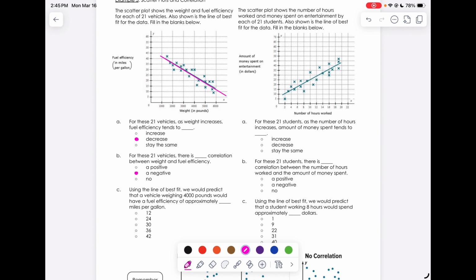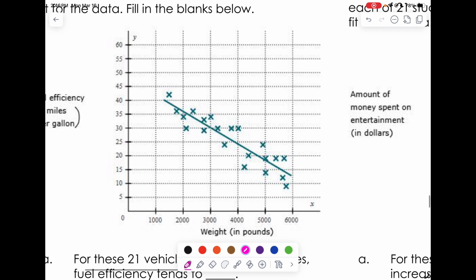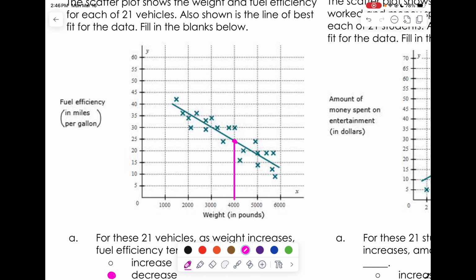And then using the line of best fit, if we were to predict that a vehicle weighing 4,000 pounds would have a fuel efficiency of approximately what? Okay, so what we're going to have to do is go to our graph, and we got to go to 4,000 pounds. So 4,000 pounds would be right here. How much is that fuel efficiency?